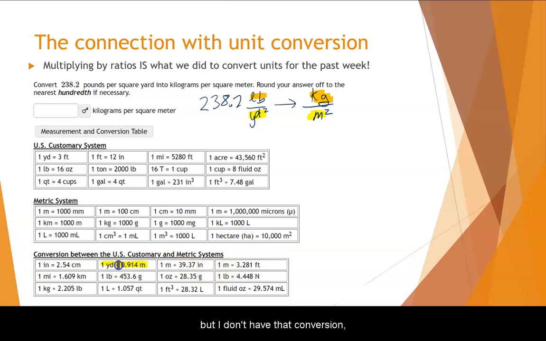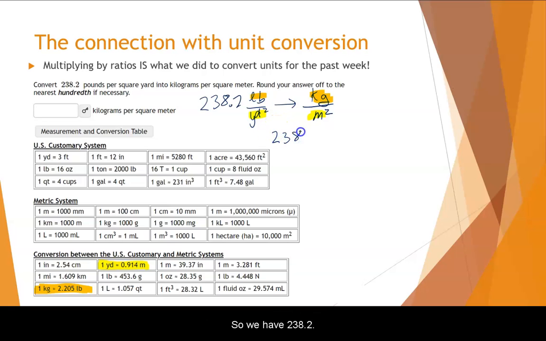But I do see that 1 yard equals 0.914 meters. In the pounds to kilograms, I see that 1 kilogram equals 2.205 pounds. We can use this information to do this conversion.